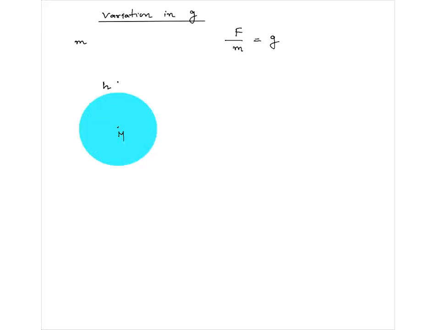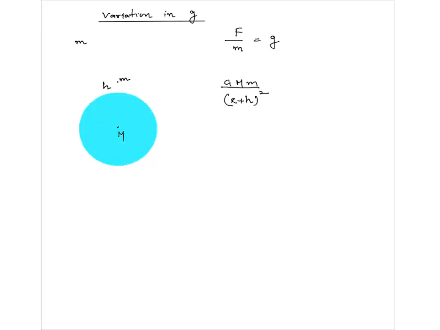For outside points, we can imagine a point mass placed at the center. So the force that Earth applies on that fellow, say small m, would be GMm by the total distance squared, which is the same as (R plus h) squared.